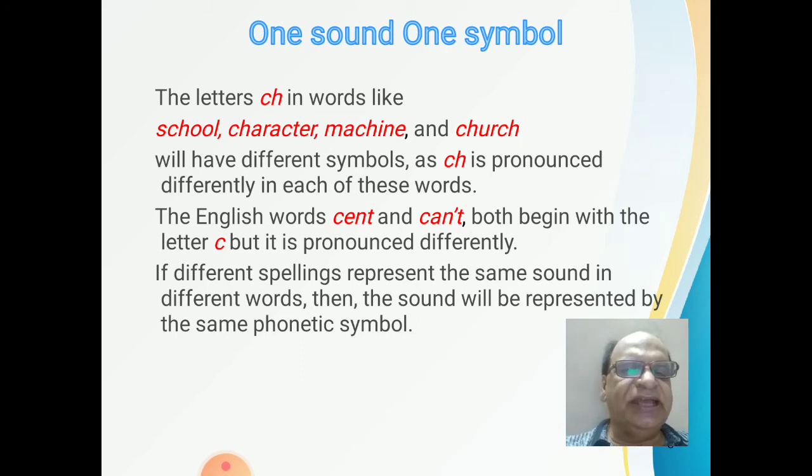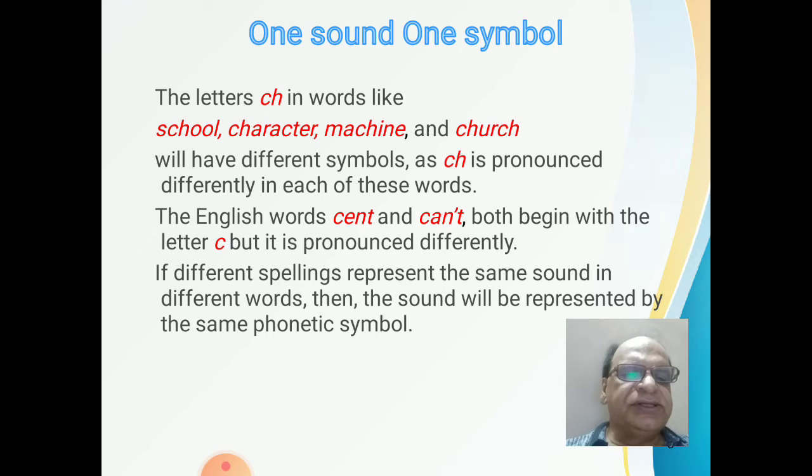The letters CH appear in school, character, machine and church, but they will have different symbols because this CH is representing different sounds in all these words. Let me repeat: school, with a K sound; character, machine, church.